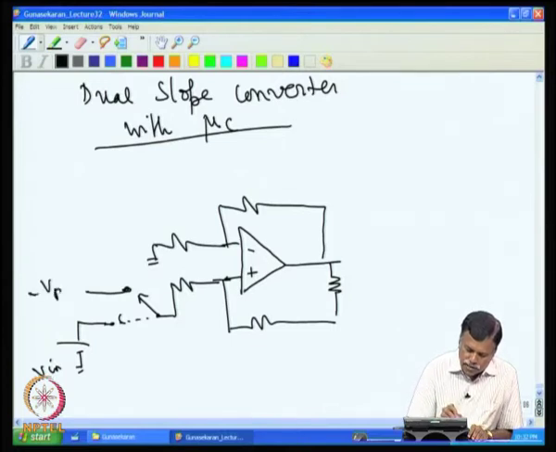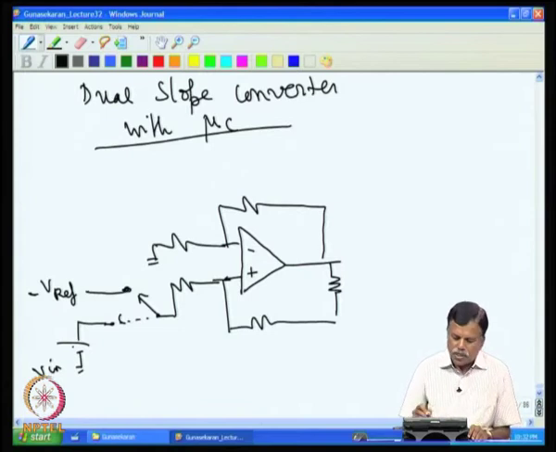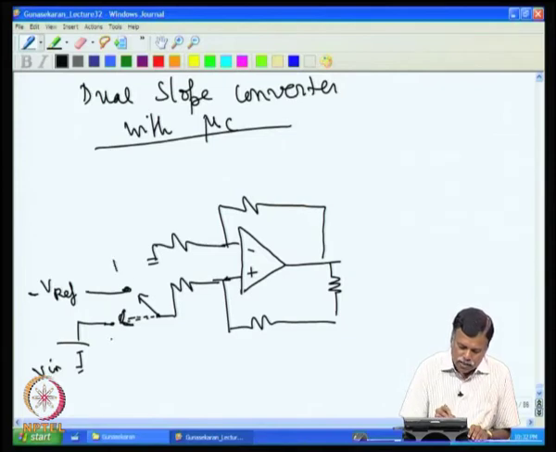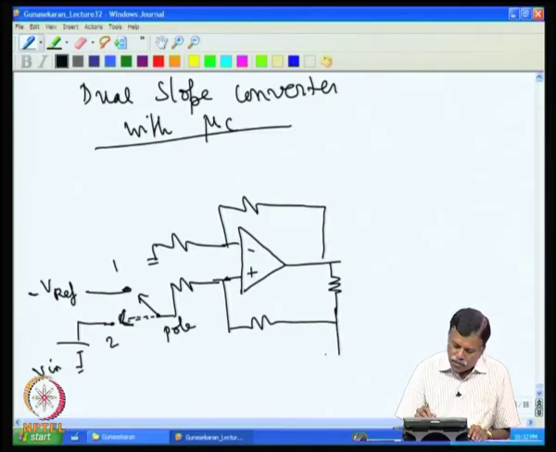For example, if you are measuring a plus voltage, then one can give, for example, this is position 1 and this is position 2 for the switch, this is the pole for the switch. Here is the capacitor that is connected here.